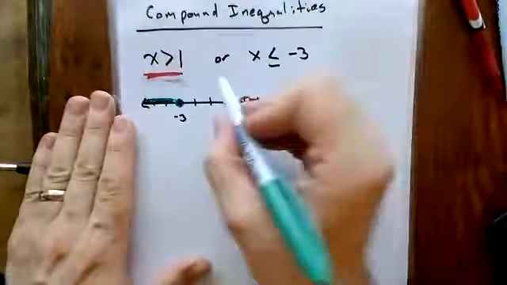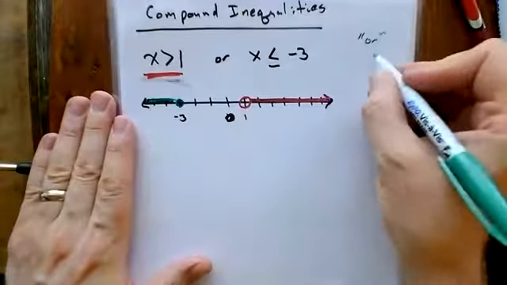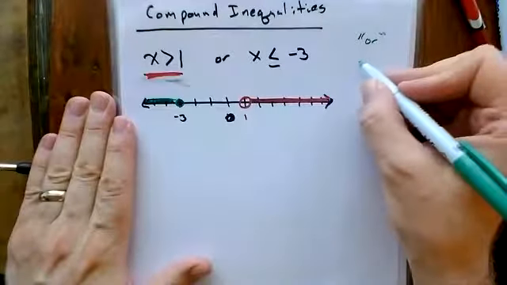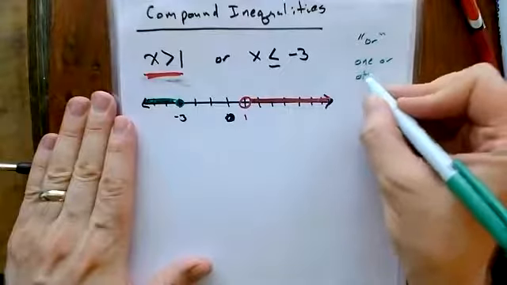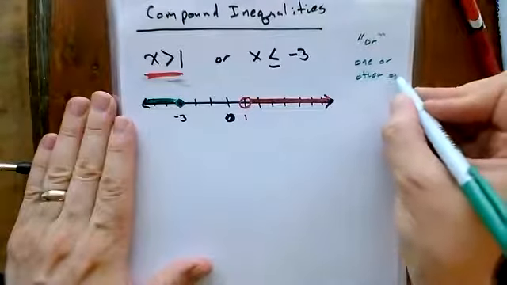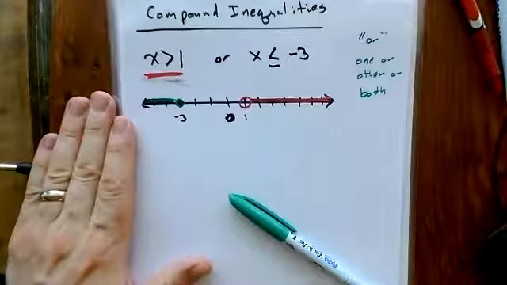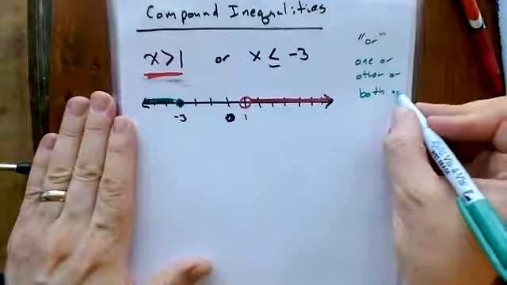When I see an or, it is literally going to mean that we could have one or the other, or both of the criteria.